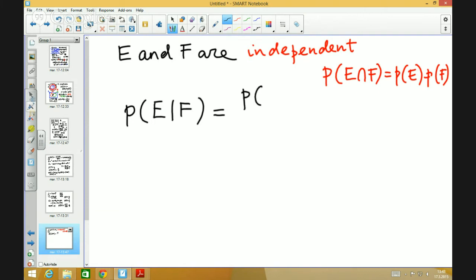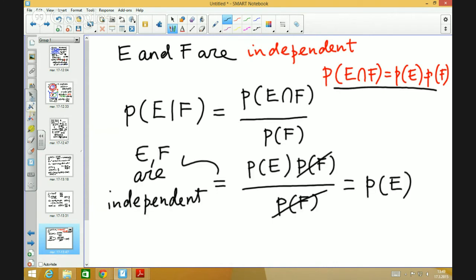We know that this is equal to the probability of E intersection F divided by the probability of F. But since E and F are independent, we know that the probability of the intersection of the two is the product of the two probabilities. Since E and F are independent, if somebody tells you something about F, it does not affect the probability of E at all, because it's independent of F.